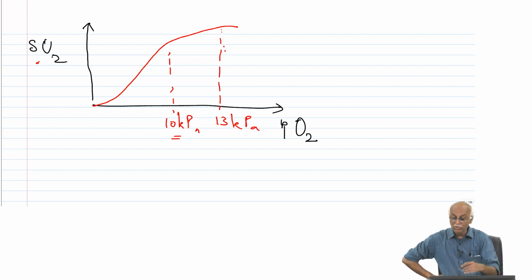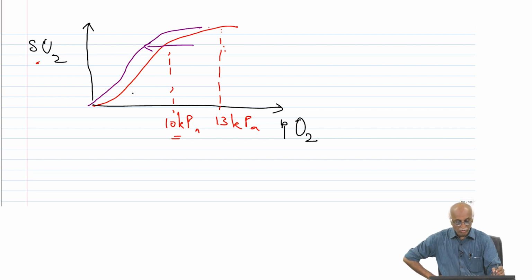In the presence of carboxyhemoglobin, what happens is this curve shifts towards the left. That means the similar curve, in the presence of a large amount of carboxyhemoglobin, will be there, but now it is shifted like this.